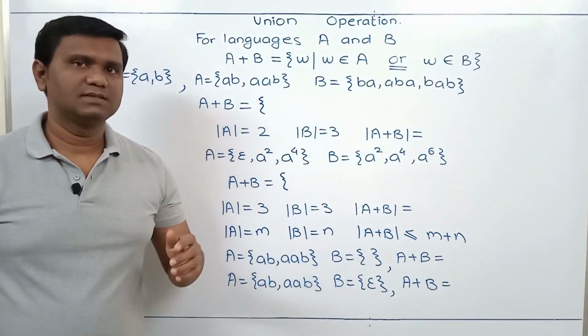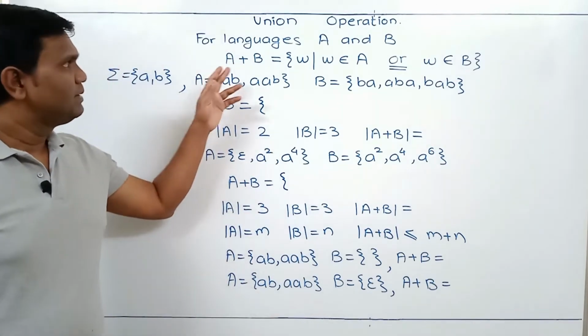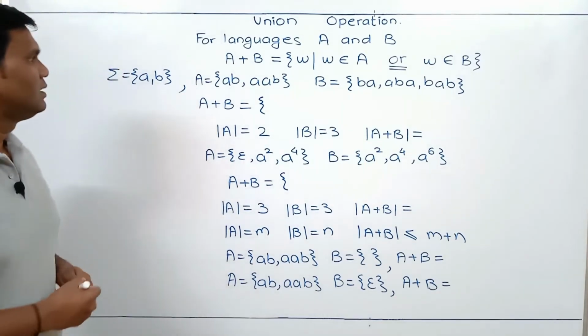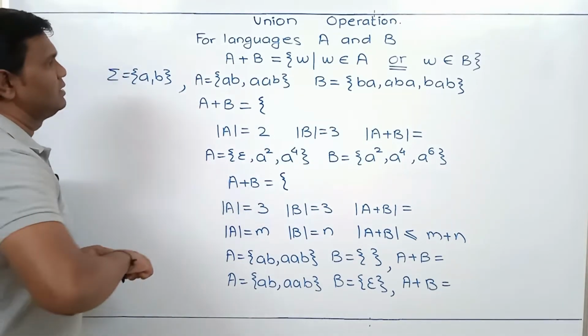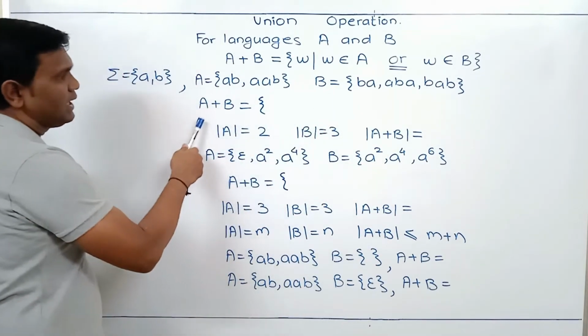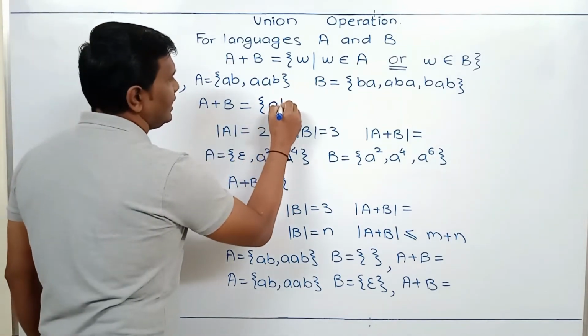Language A contains some strings, language B contains some strings, and in A + B we simply take the union of A and B. So let's take one example. This is language A, this is language B. When we calculate A + B, from A we get AB and AAB.